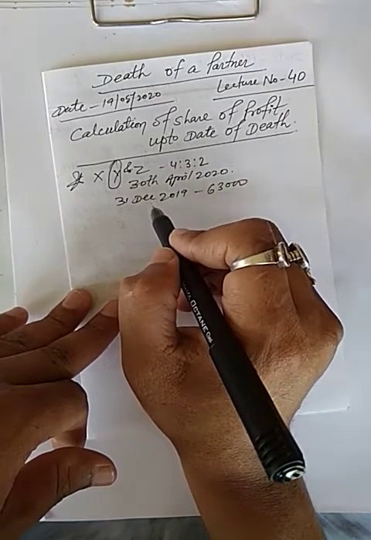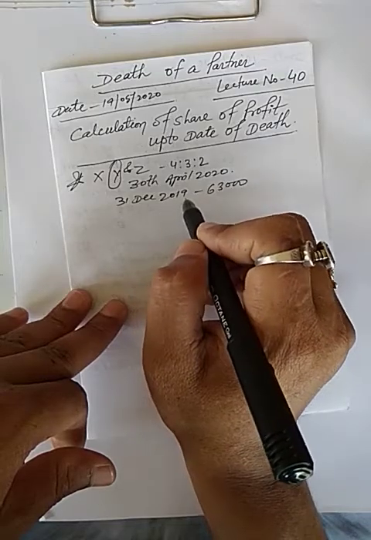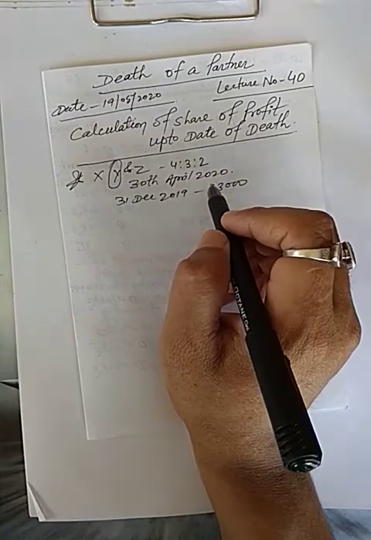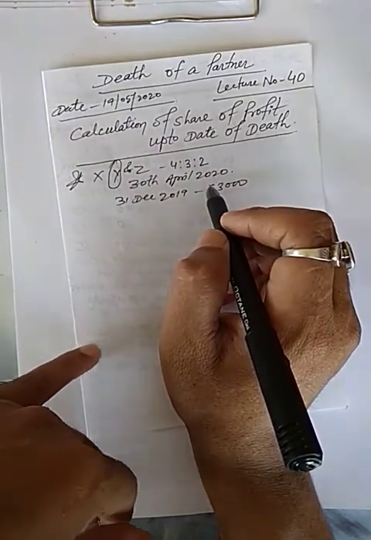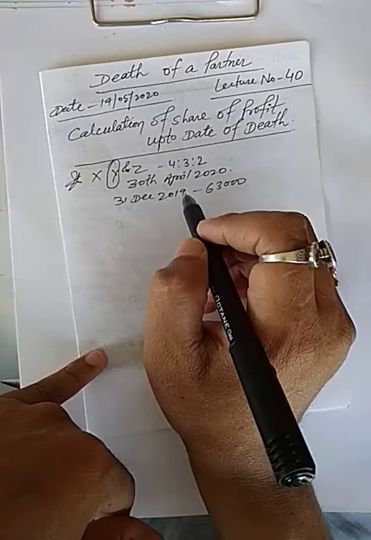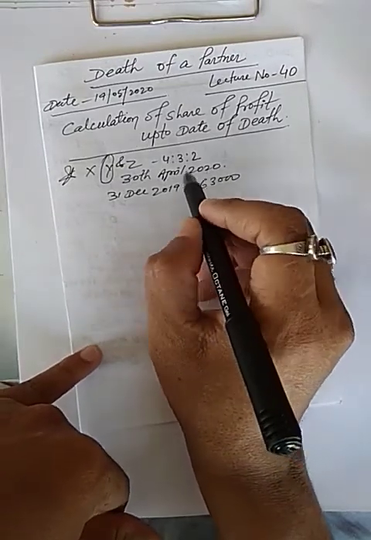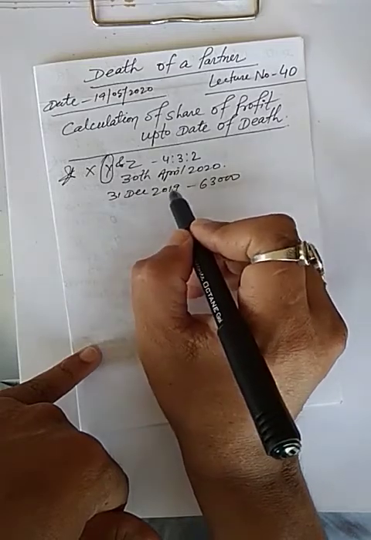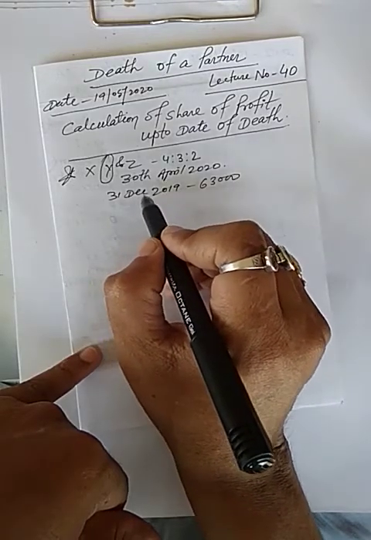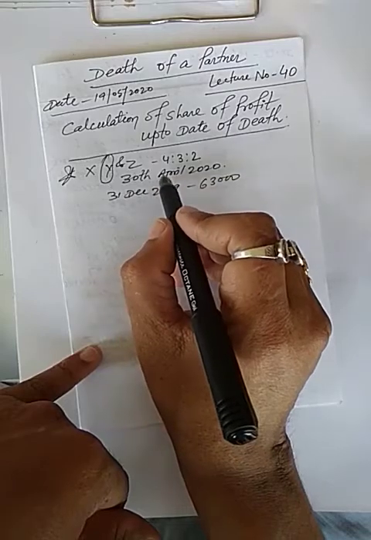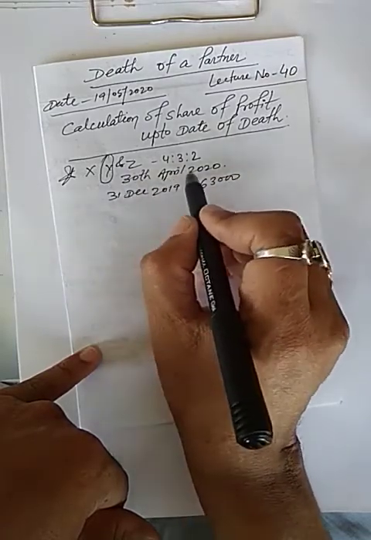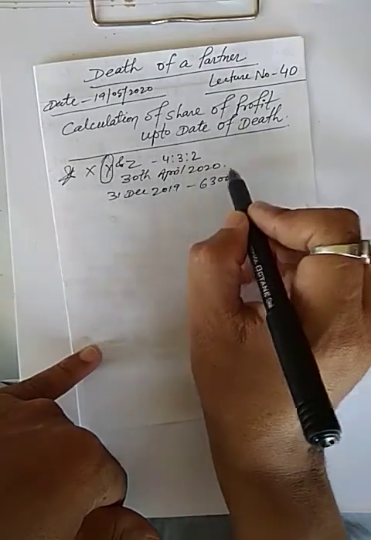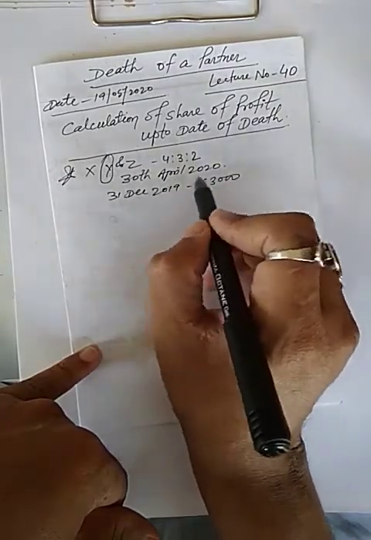So in this question, first we have to calculate time. Time will be from 1st January to 30th of April. So it will be 4 months.